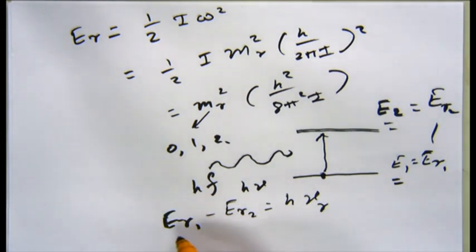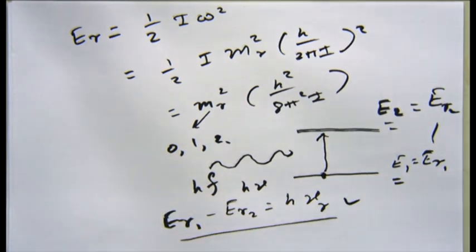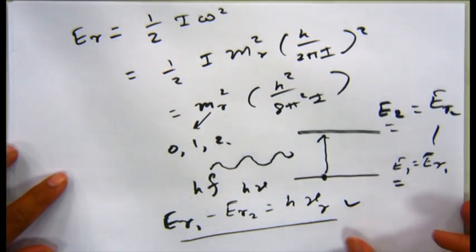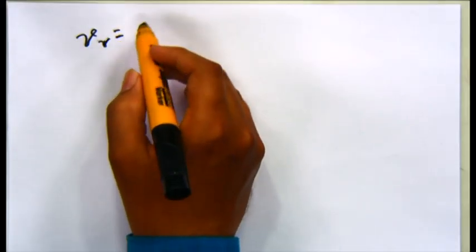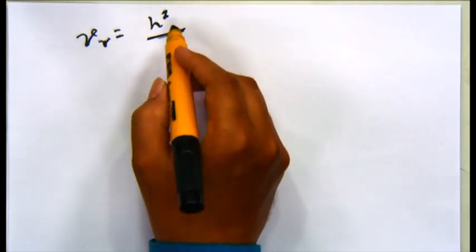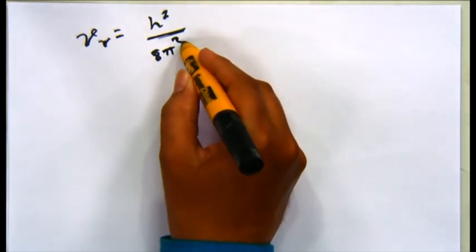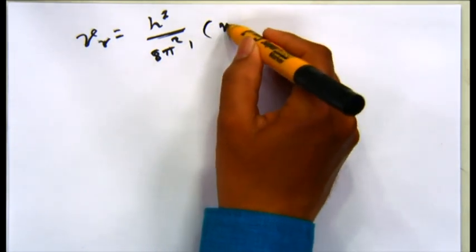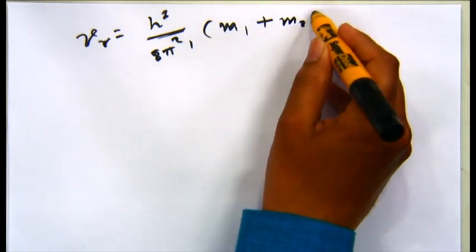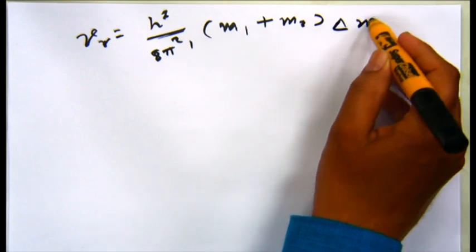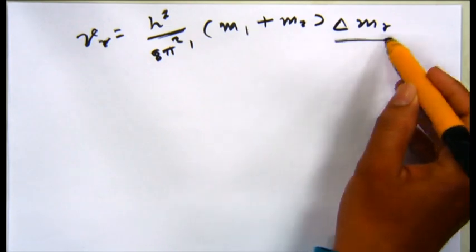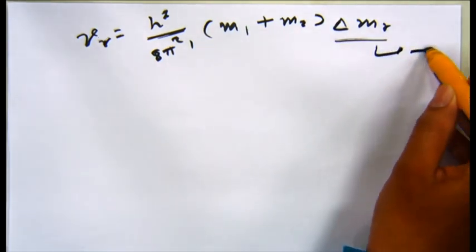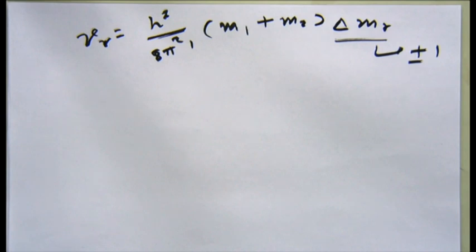Further, the value of this hνR has been calculated, and finally νR is equal to h square upon 8 pi square I, (mR1 plus mR2) delta mR. Here delta mR is selected as plus or minus 1.